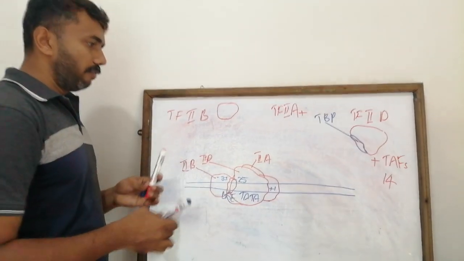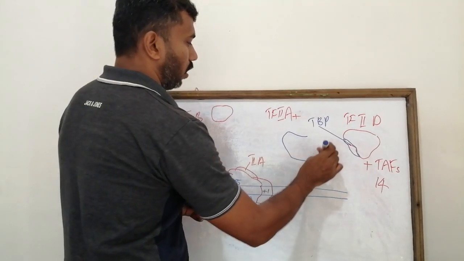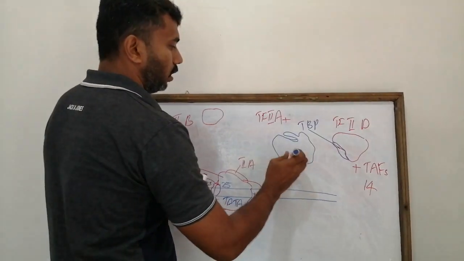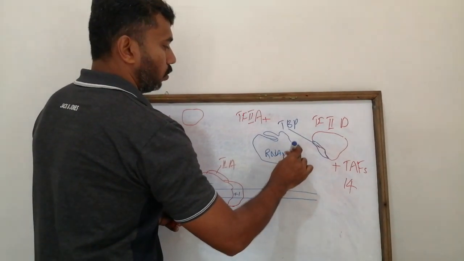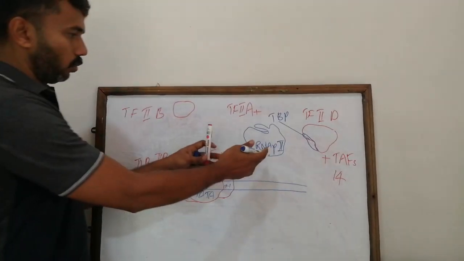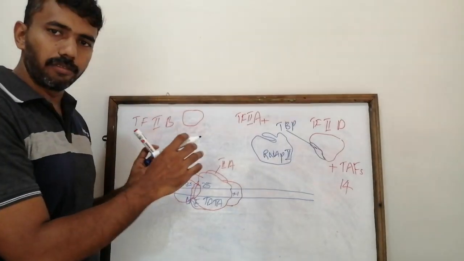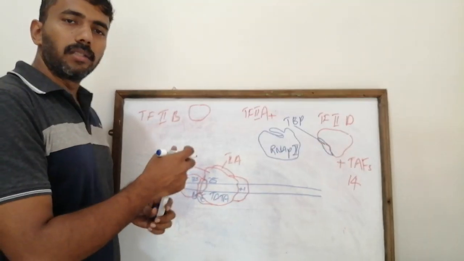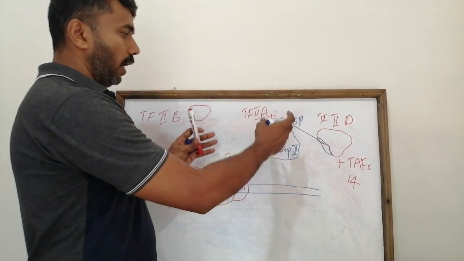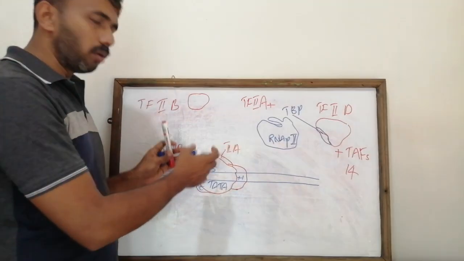And next we have the most important element, what we call the RNA polymerase. So the RNA polymerase enzyme will come. This is the RNA pol 2, and this molecule is coming into this complex in order to form the pre-initiation complex. This enzyme alone cannot interact, or even if it comes alone, it could not be stabilized.